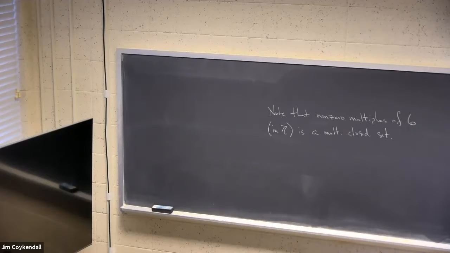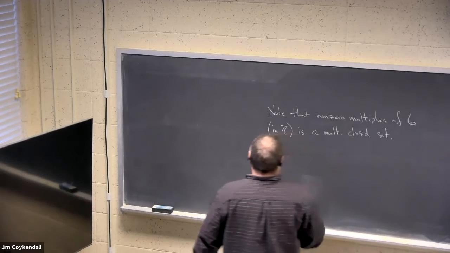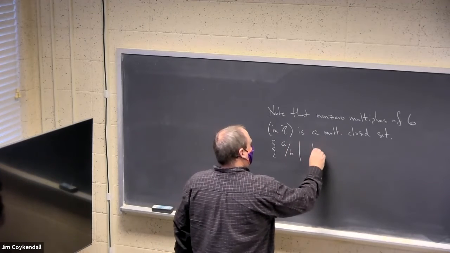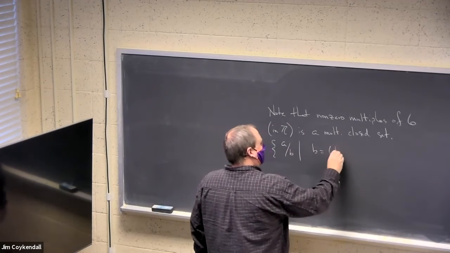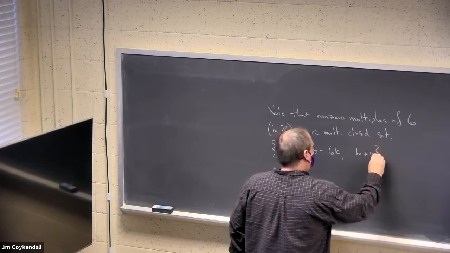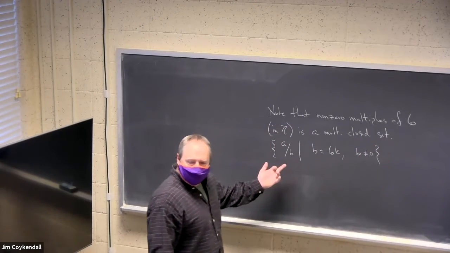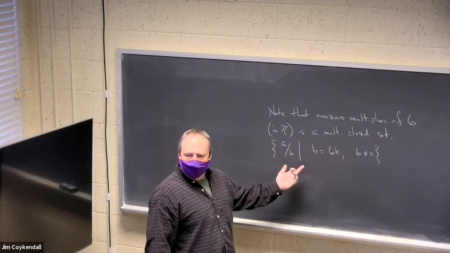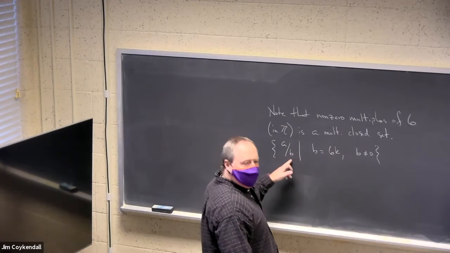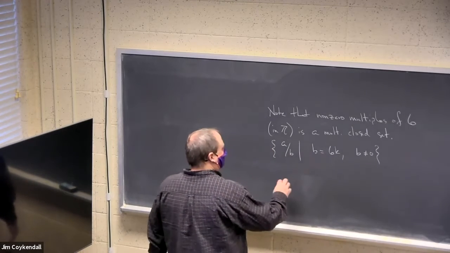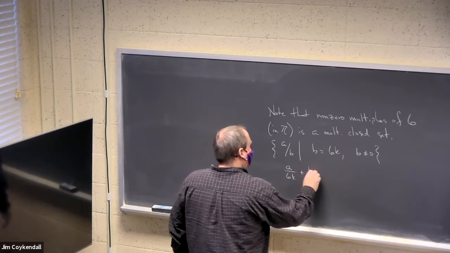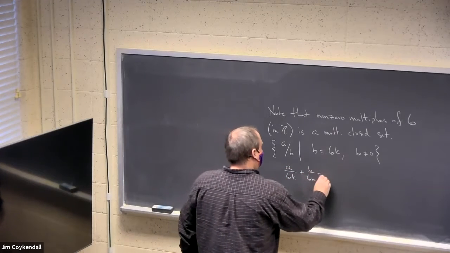Now, if you're to look at fractions, notice that this, of course, forms a ring as well, right? But notice that you get other things in there. Notice that you have a over 6k plus b over 6m.